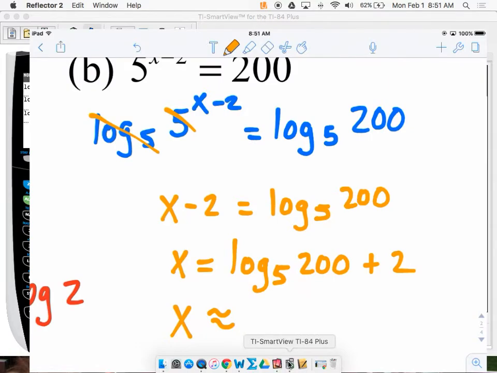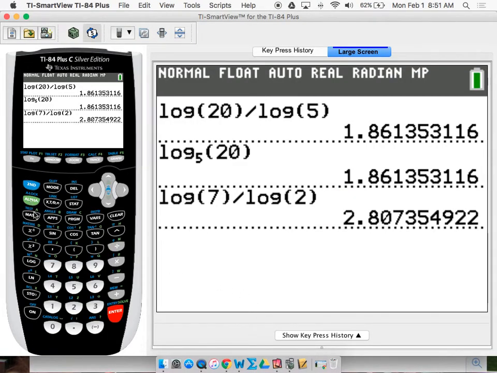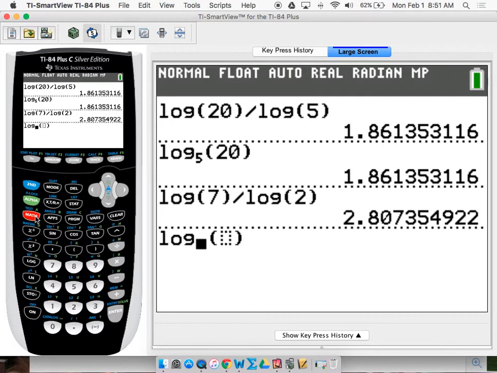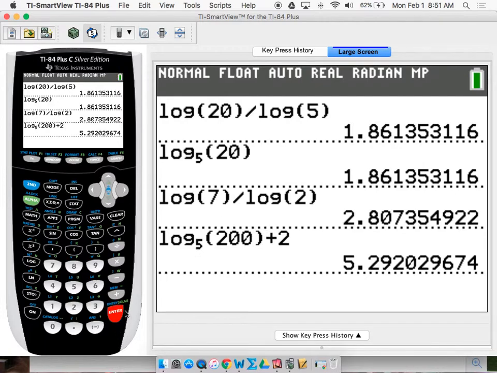You can't really add them together. So log base 5 of 200 and then plus 2. So my answer is 5.292.